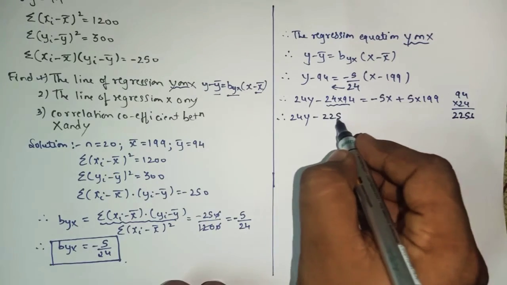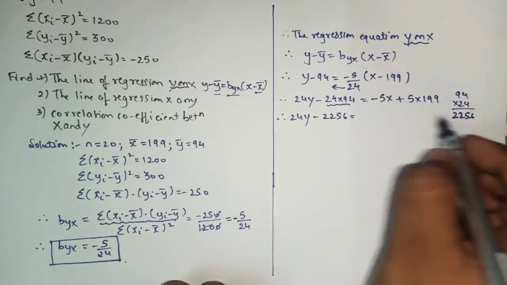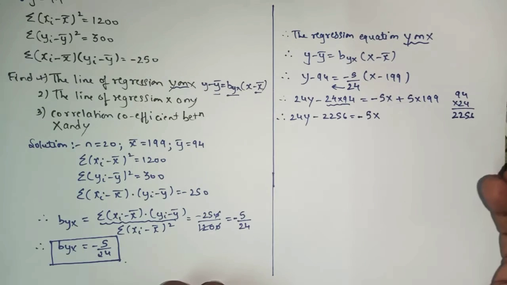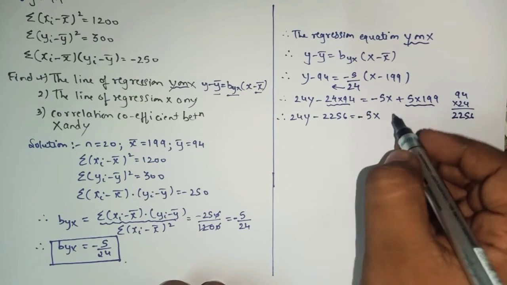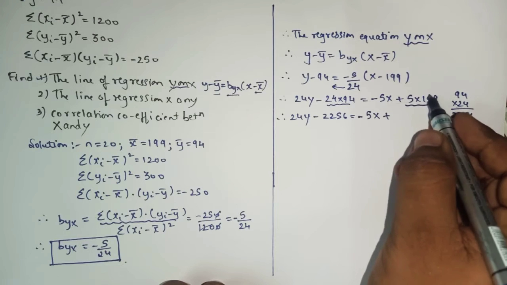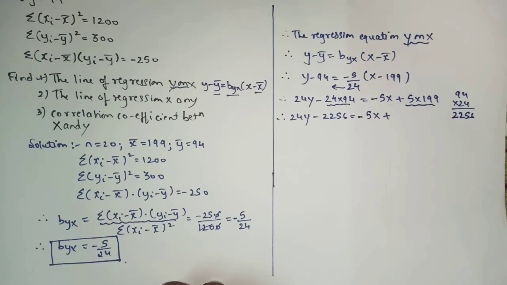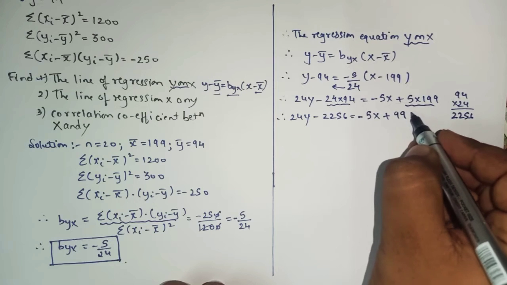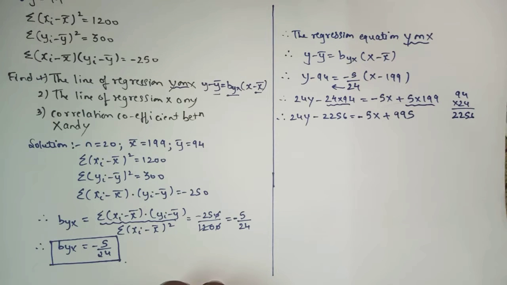Multiply and check your answer. 5x will keep as it is, and when you multiply this part, 5 nines are 45, 5 9s are 45, so that will be 995.